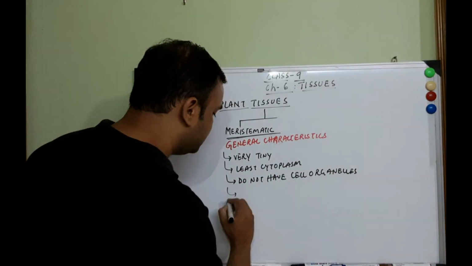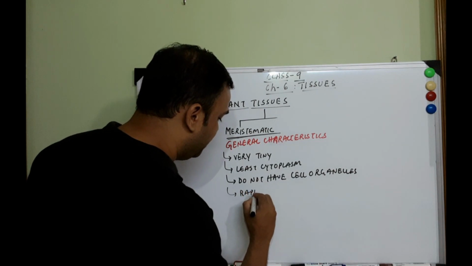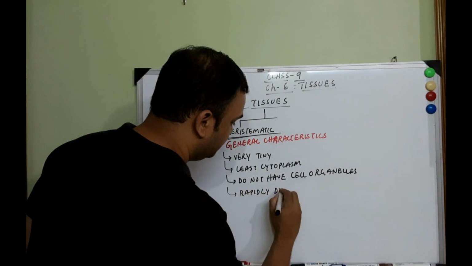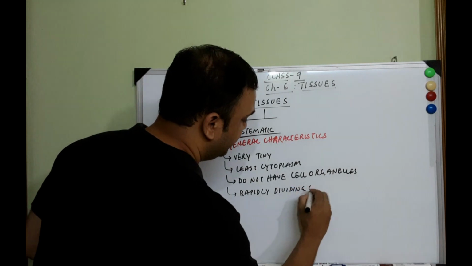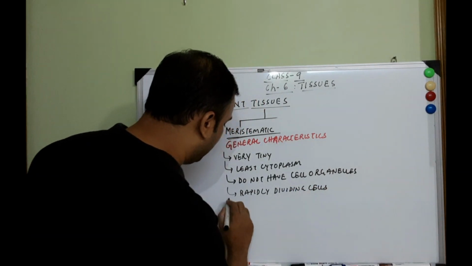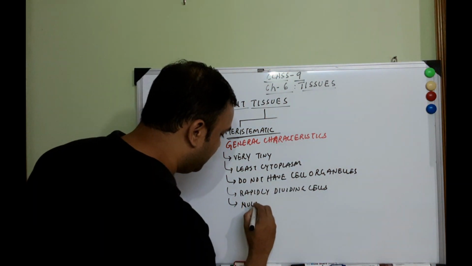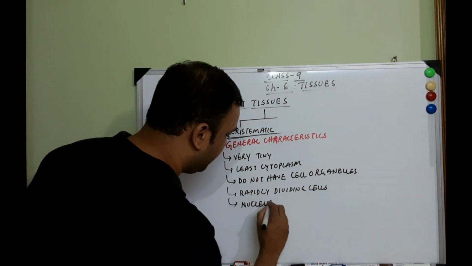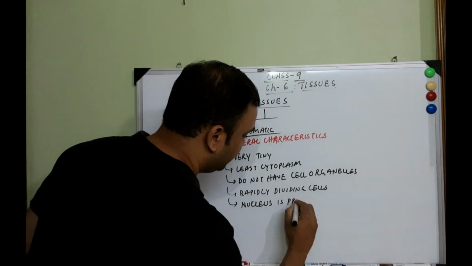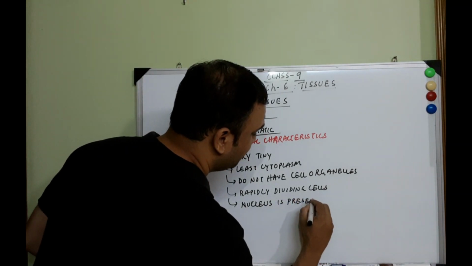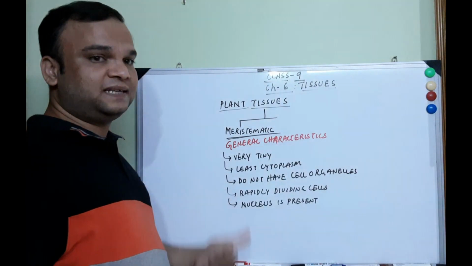Why? Because they are rapidly dividing cells. And how do they do the rapid division? It is impossible without the nucleus. So the nucleus is present, and it is present at the center.